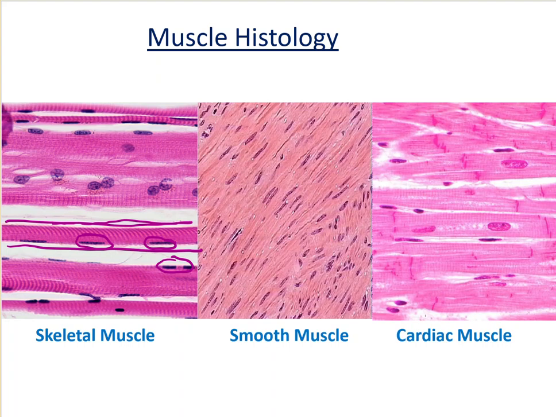You can see those striations as well over here in the cardiac muscle. So I'm going to highlight one cardiac muscle cell that I want you to look at right here, highlighting it in yellow. And you know that's just one cardiac muscle cell because it's separated by those intercalated discs. Your intercalated discs are these big lines found in cardiac muscle.